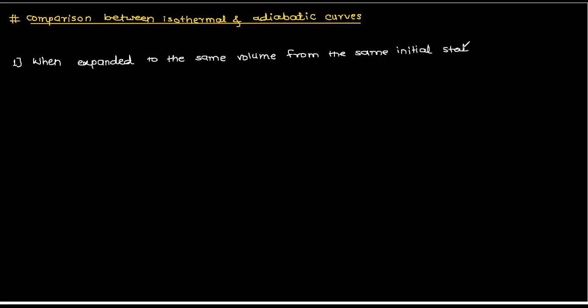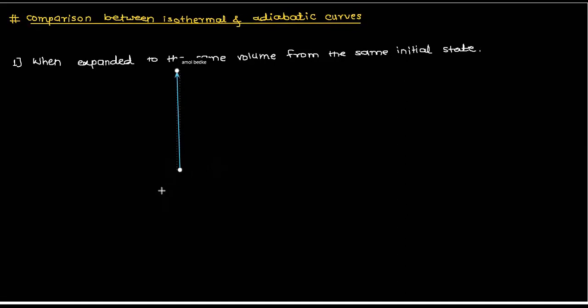Means what we did now, whatever the initial states are, we have expanded them to the same volume. So what type of graph are you getting? Let's see. I am plotting a graph which will indicate this case.